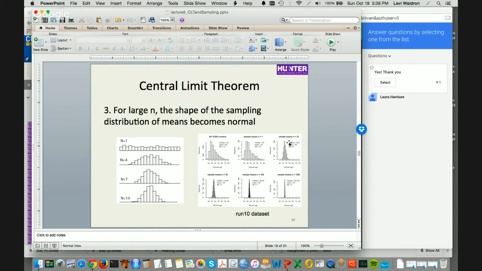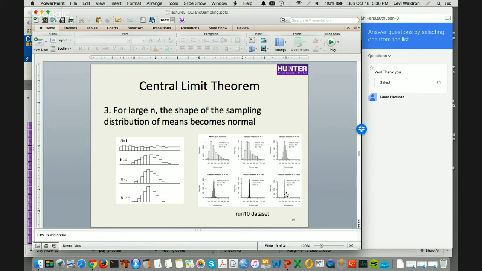Then we have n equals 10, 25, 100, and 1,000. You just see the skew that we have starts getting less. By the time we're at n equals 10, it looks fairly symmetrical. At n equals 25, it looks quite symmetrical, and it just keeps getting narrower and narrower.